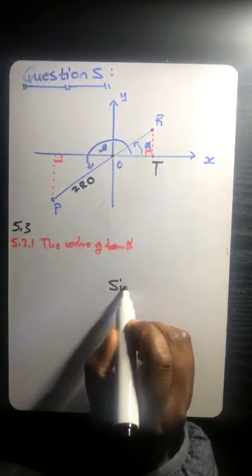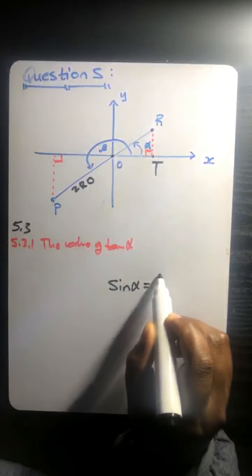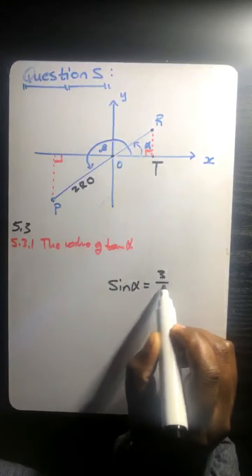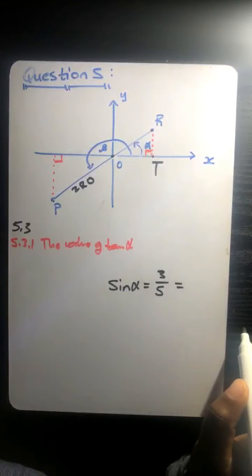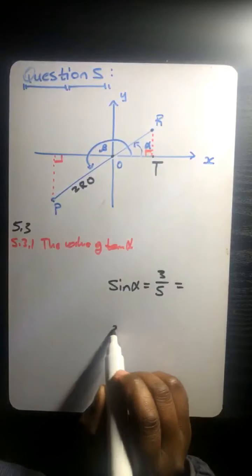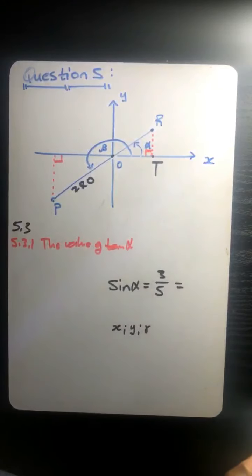Remember, we are given sine of angle alpha being equal to 3/5. What is the trig ratio for sine in terms of x, y, and r? Anyone?